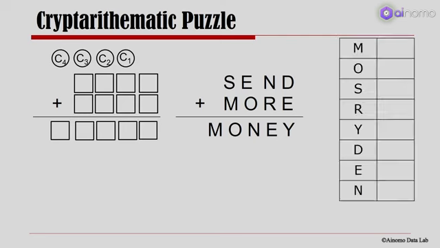We create a placeholder table where the guess for M, O, S, R, Y, D, E, N, the 8 variables that I have to identify, is to be recorded.